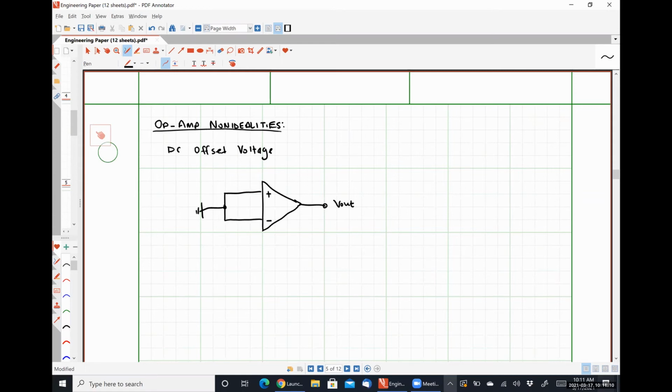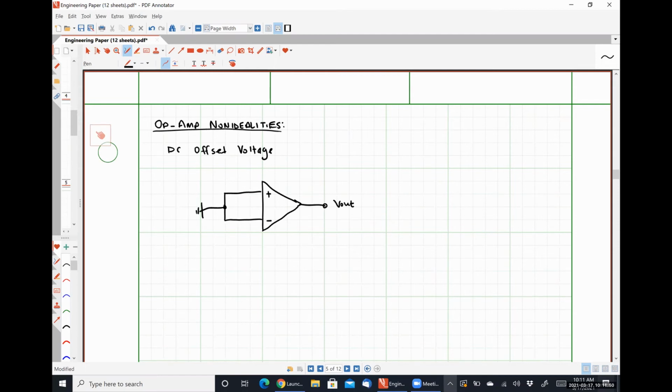However, in practice, we may see that the output voltage isn't 0. It's not going to be particularly large, but it will be non-zero. The reason that this occurs is because the transistors that are used at the input stage of the op-amp, forming the differential pair, which is something we're going to be talking about in, I think, chapter 10, may be mismatched, meaning that for a BJT transistor, they might see a slightly different voltage VBE at their inputs, which is giving rise to a little bit of current, which is causing a voltage further downstream.